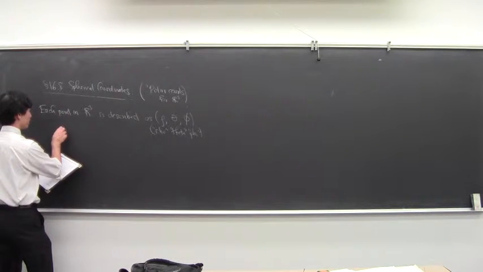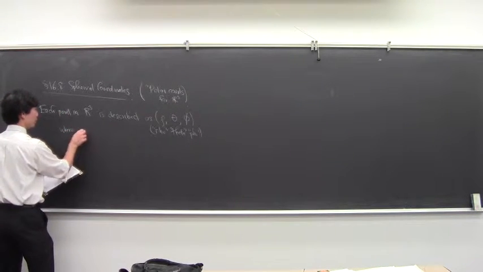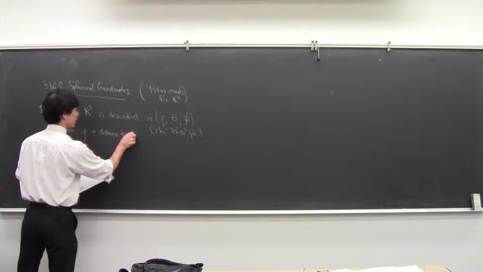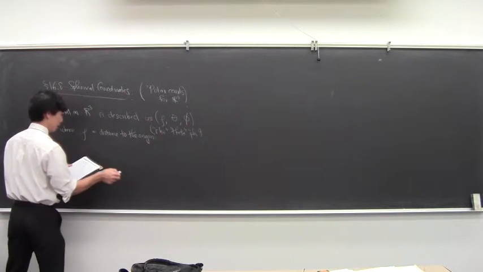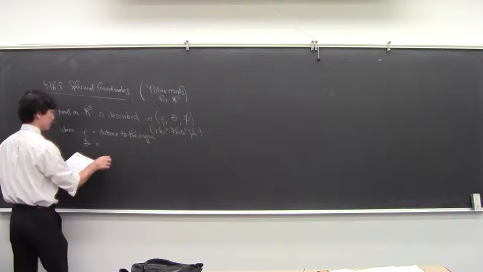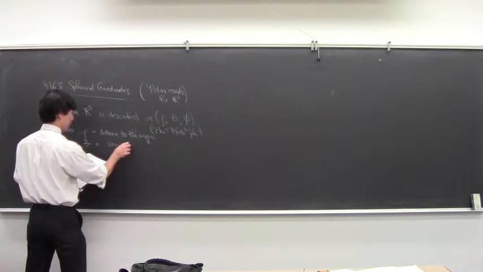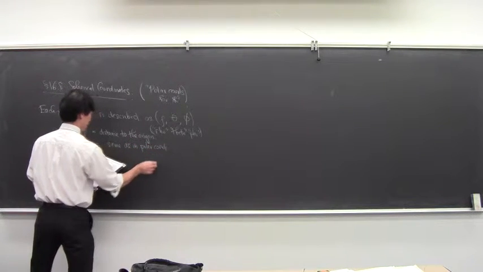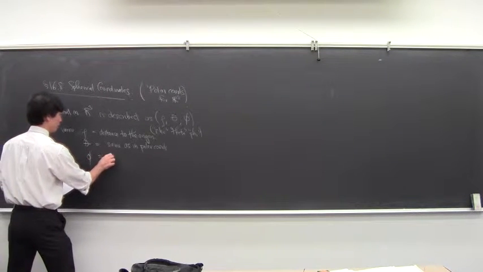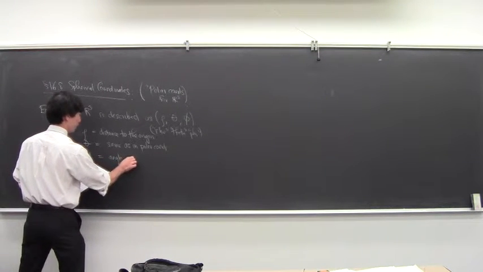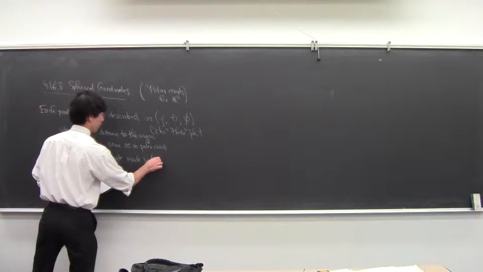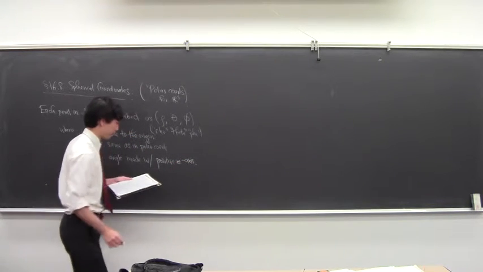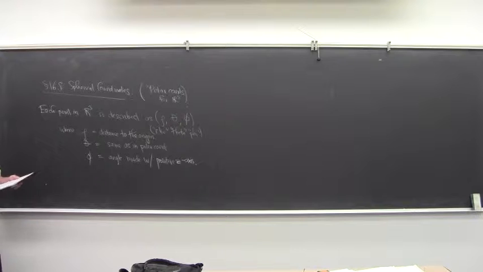Where rho is the distance of the point to the origin, theta is basically the same as in polar coordinates, and I'll make that clearer with the picture, and phi is the angle made with the positive z-axis.